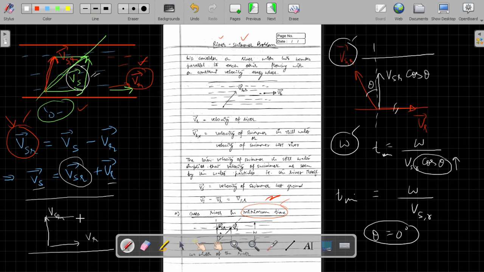When we add these two velocities, we get the net velocity of the swimmer in this direction. So it would be swimming at some angle with the vertical.